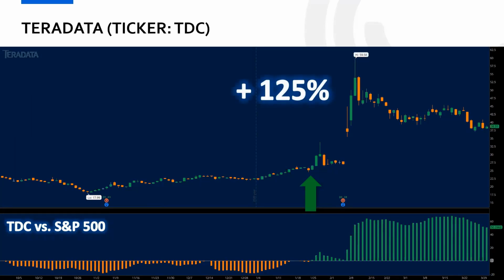Pretty incredible. And what's amazing here is the timing, right? It gave us a little bit of advance warning before the stock really took off, but you can see this is not lagging information. Most indicators, including the RSI, lag, right? So by the time it gives us information, unless you're very lucky, it's probably going to be too late.